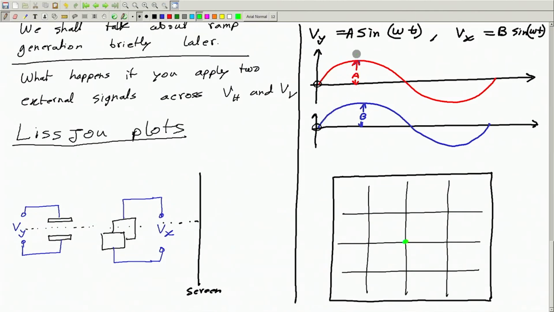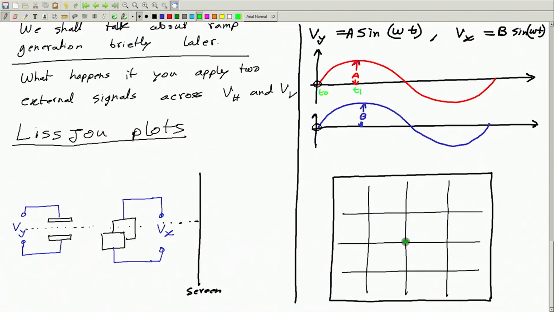At t1, the y position will be maximum, and the x position will also be maximum.